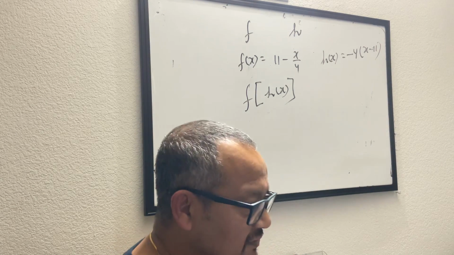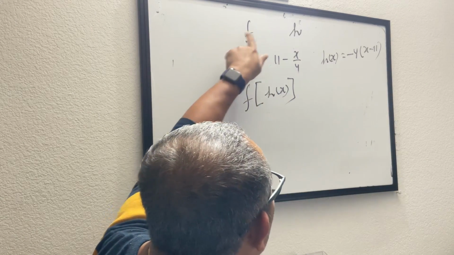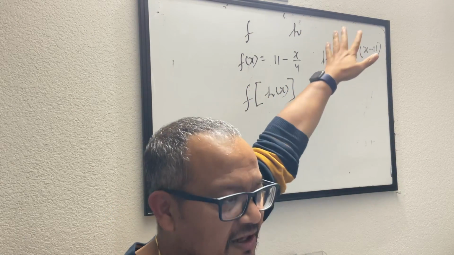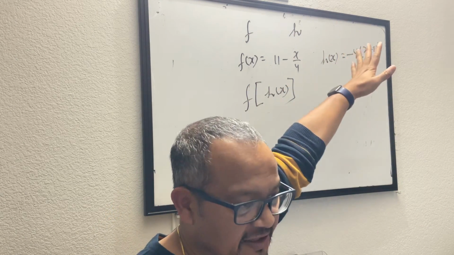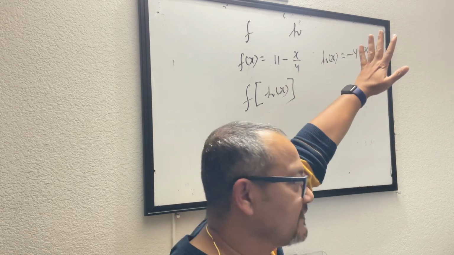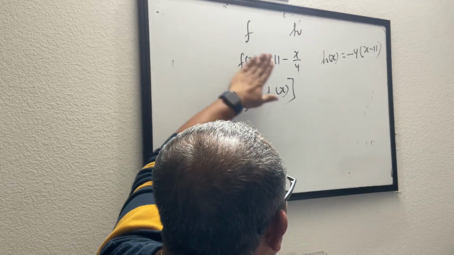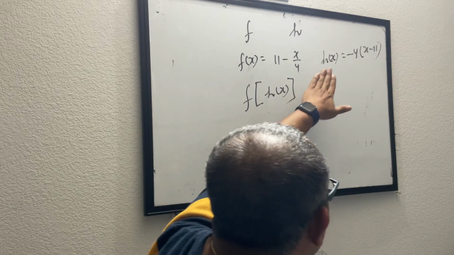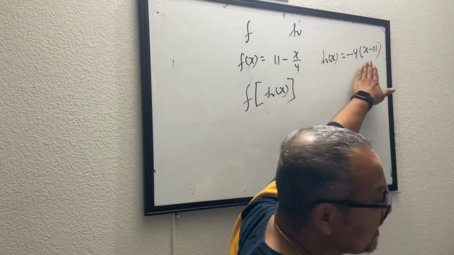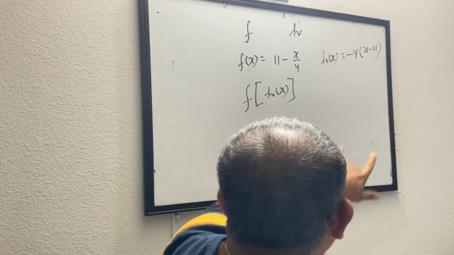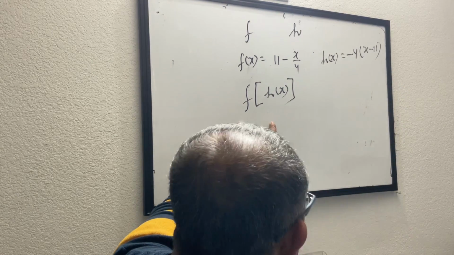So, I'm repeating the question one more time. Functions f and h are given as invertible functions. That's what it says. I will take it on its face value, but let's look at more details. f of x is equal to 11 minus x over 4, and h of x is minus 4 times x minus 11. It says two things.